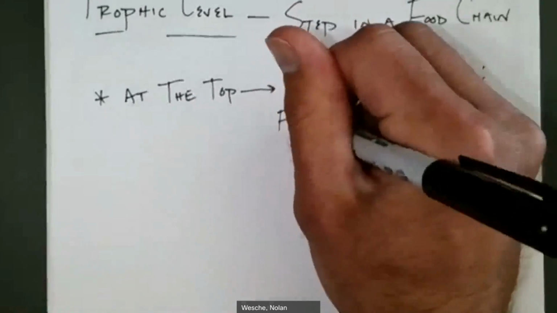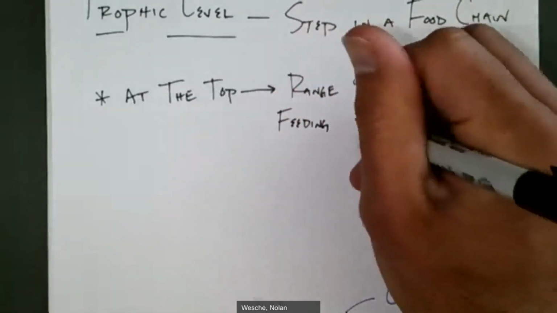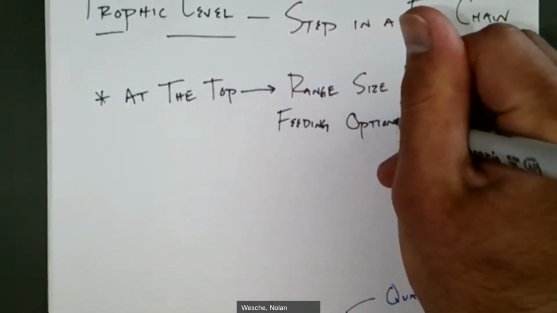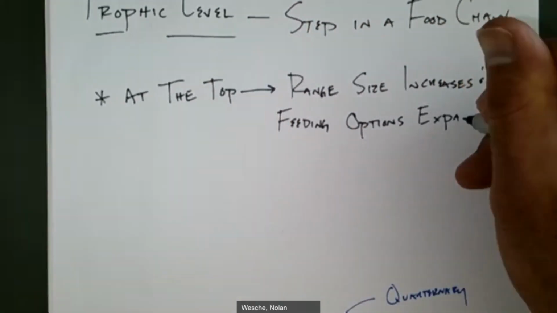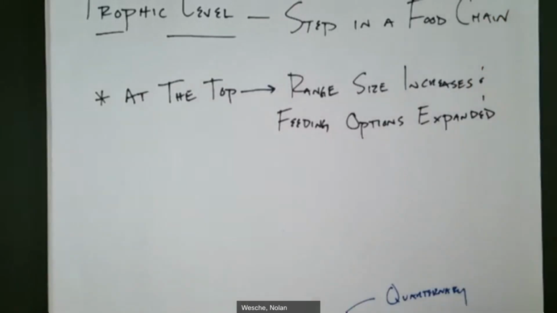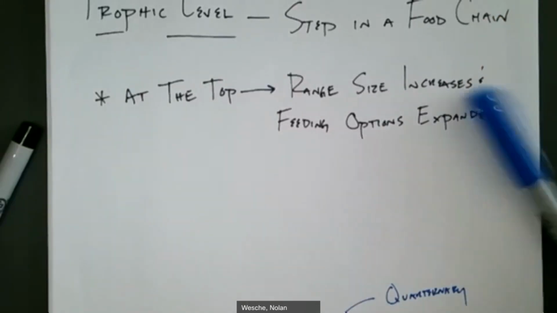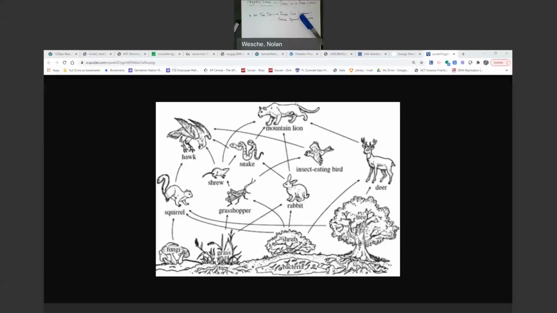And they may have a lot of feeding options within a food web. So they might feed on a lot of different things to try to meet those nutritional needs. Right, we'll look at an example here.